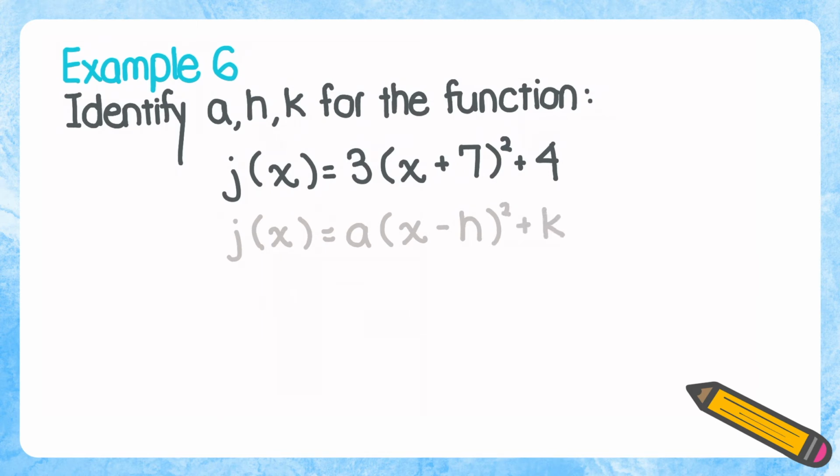Notice right here the minus and the plus, so we do not have an exact match. We have to rewrite it. But how? Think about double negatives. So positive 7 is the same thing as negative -7. So let's use this to rewrite our function.